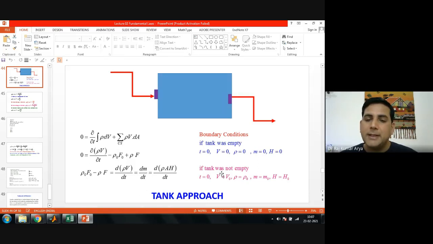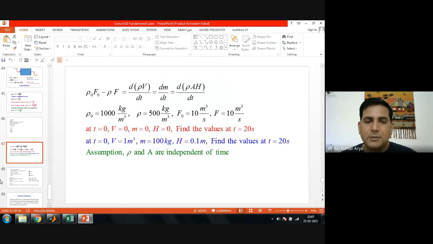Now the initial condition could be that this tank is empty at t equal to 0, everything was 0 inside the tank, or it may not be empty at t equal to 0, it may have some volume. We want to solve it here. For that, I wrote some values here.